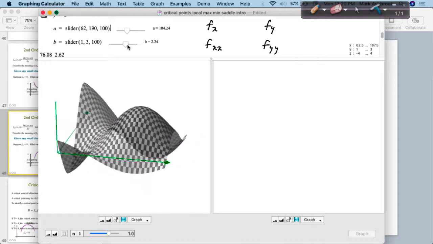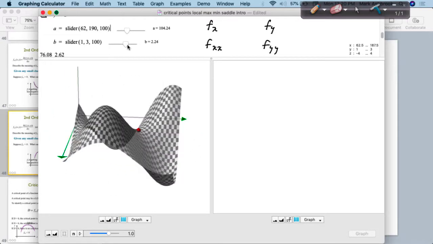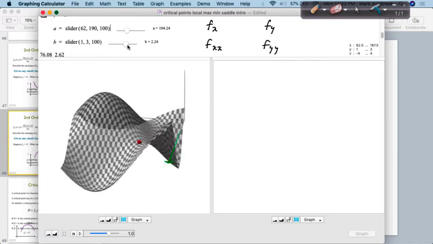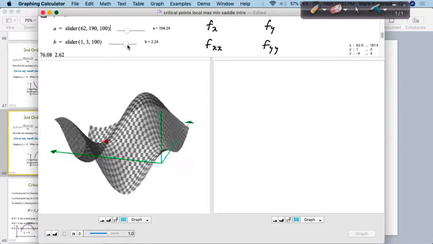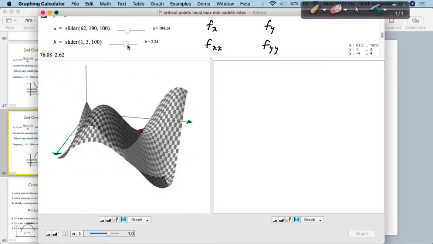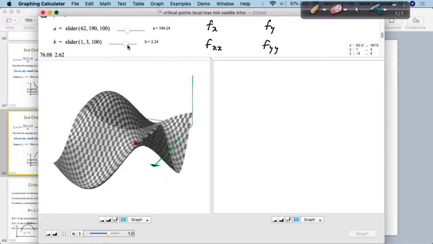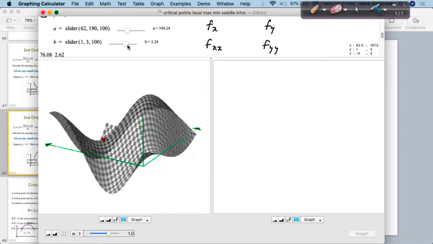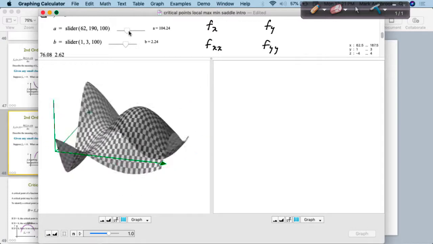Okay, go. Why do you increase x to decrease?